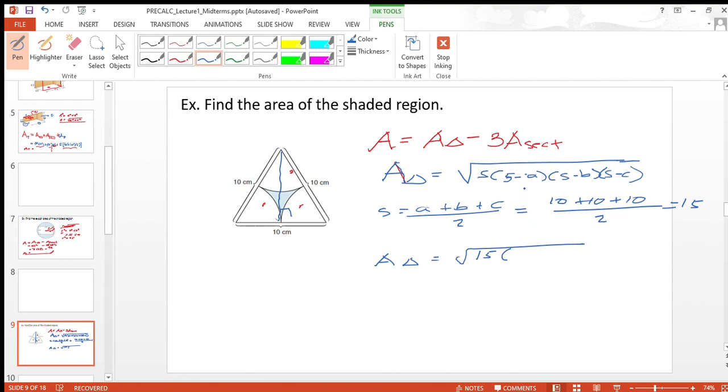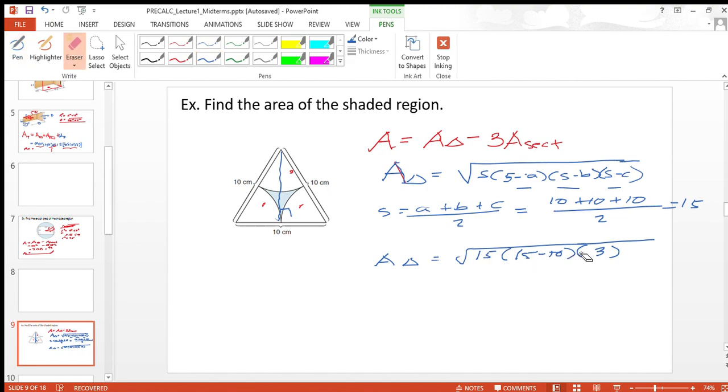This is S minus A. Isn't it that A, B, and C are equal? 10 each. So the values are all the same. So S is 15. So that's 15 minus 10 times 15 minus 10 times 15 minus 10. Sorry, that should be cubed, not times 3.